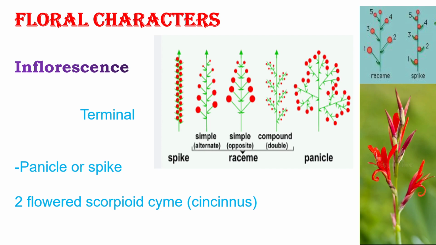And pedicellate flowers are borne in acropetal order on the branches only. Spike means peduncle shows indefinite growth and sessile flowers and unbranched flowers without pedicel, that is sessile. Scorpioid cyme means flower buds produced on opposite sides of the peduncle in an alternate manner.